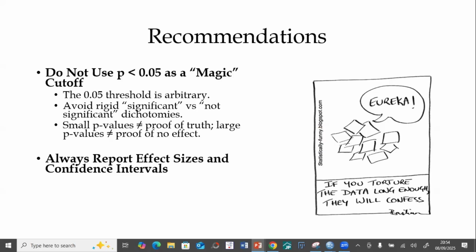So if you go online, for example, they mandated authors who are submitting papers to them to discard p-value in their papers and just report effect sizes and confidence interval.